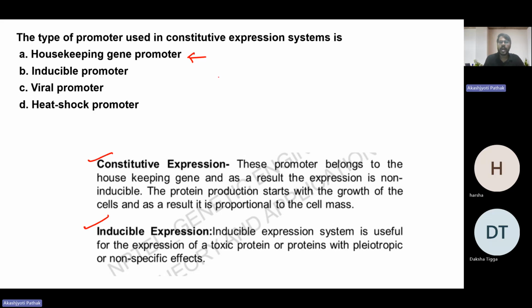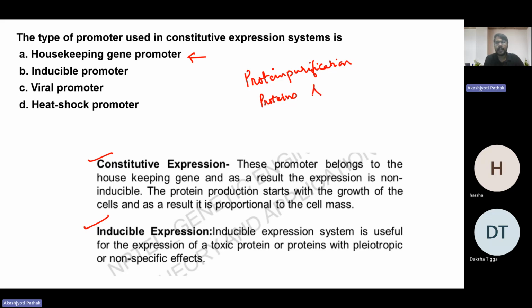So why do you need to go for protein purification? This is the reason: when you are culturing the bacteria, there are some housekeeping genes, and those housekeeping genes will always express the proteins required for the growth and survival of the bacteria. So different proteins will be produced.